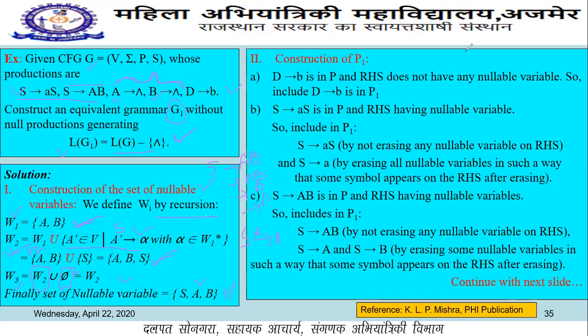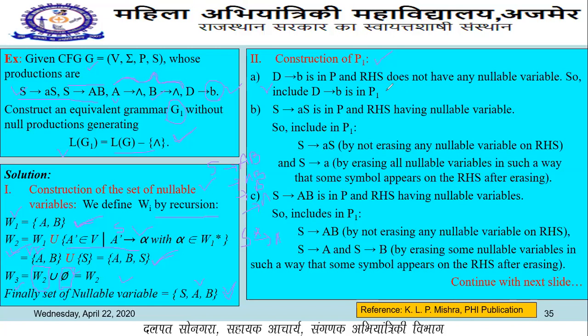Now here we construct the simplified set of productions P1 for a simplified grammar G1 corresponding to the given grammar G and productions P. In the very first step we include all those productions in which the right hand side does not have any nullable variable. So here we look, this right hand side does not have any nullable variable, so we include this.